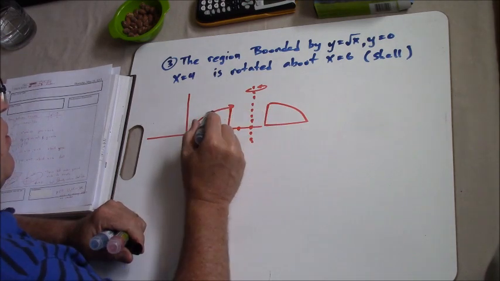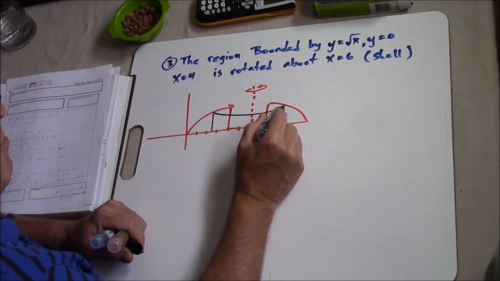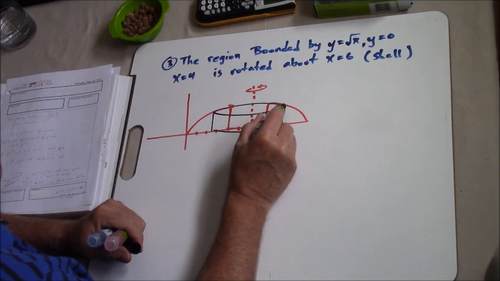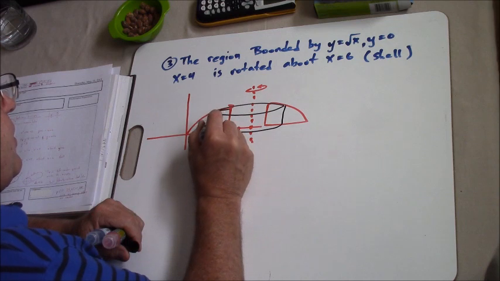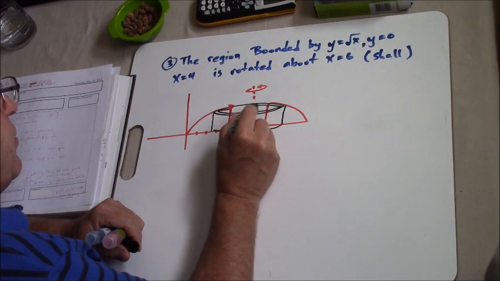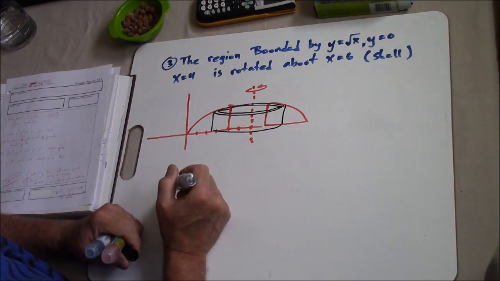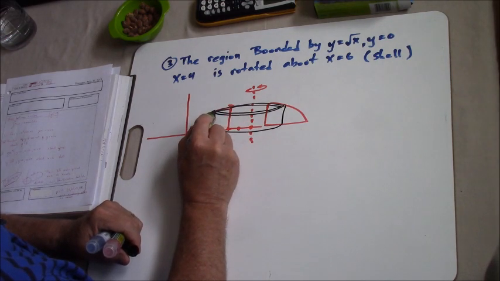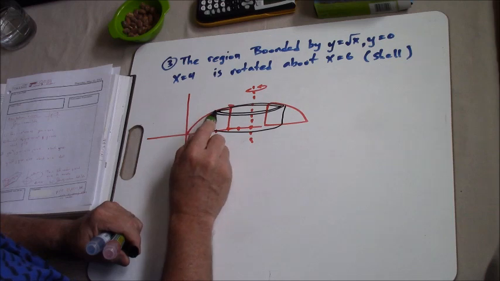So remember, the shell is like a paper wrapper that goes around like a Campbell's soup can. And it's got this little tiny bit of thickness to it. And so what we said back in chapter 7 is, whatever direction this right here runs, that's how I'm going to decide if I'm using dx or dy.